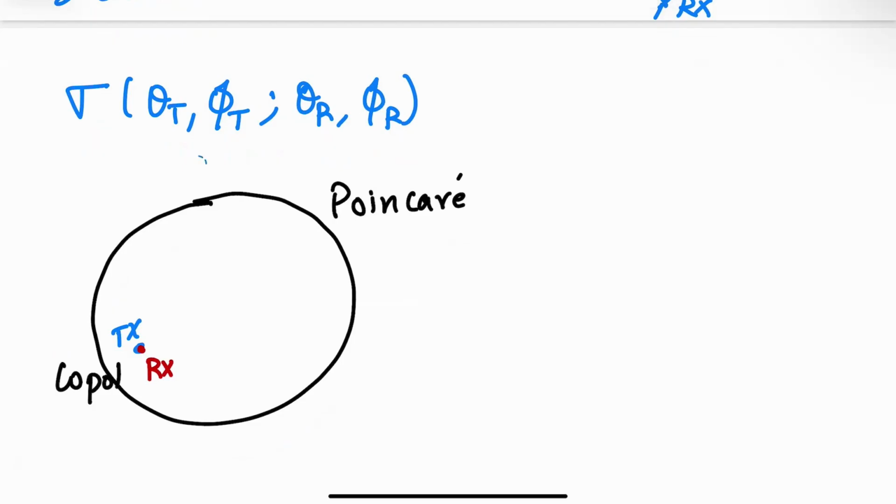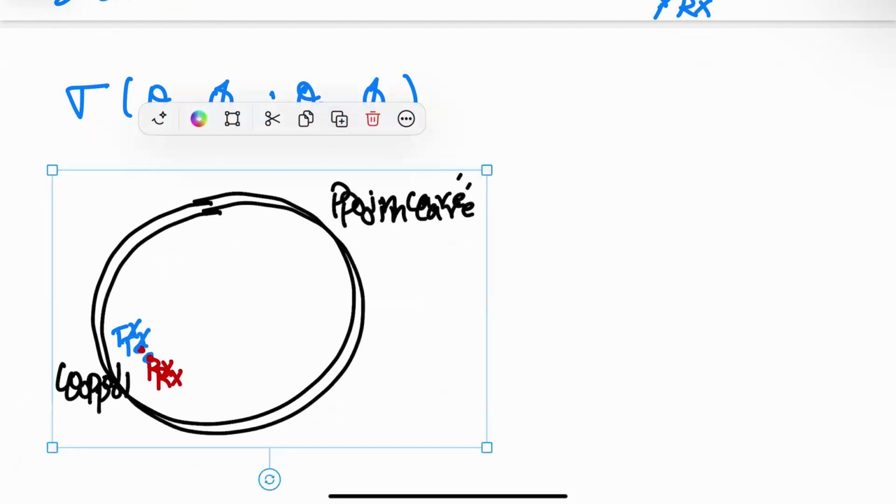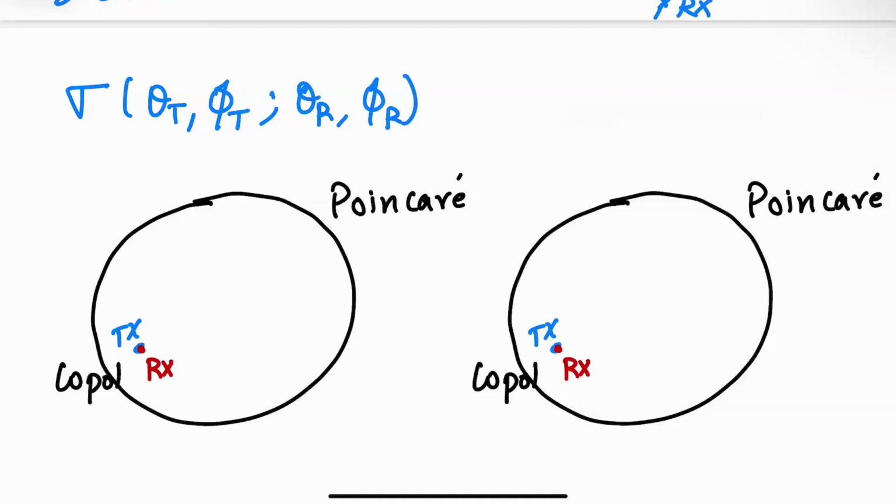And if I make a copy of this, cross pole is when I have transmitter and receiver on opposite sides.